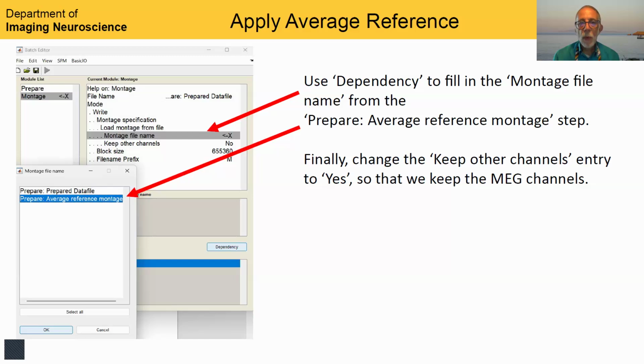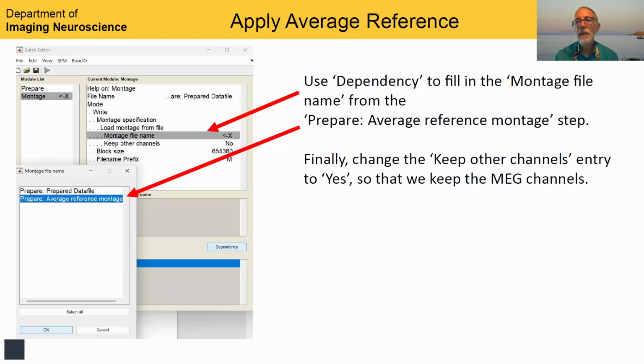Finally, we are going to change the option which is underneath the highlighted gray montage file name on my screen. So if you want to click on that, the key other channels, you're going to change that in the gray box from no to yes.